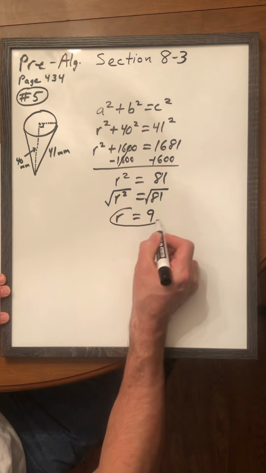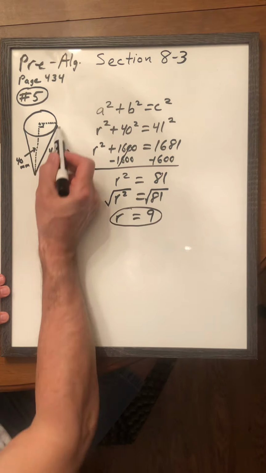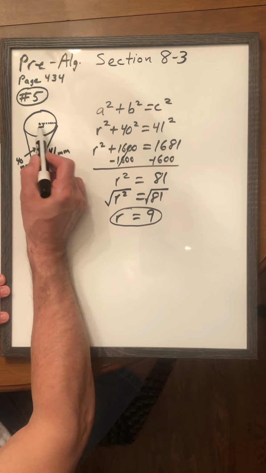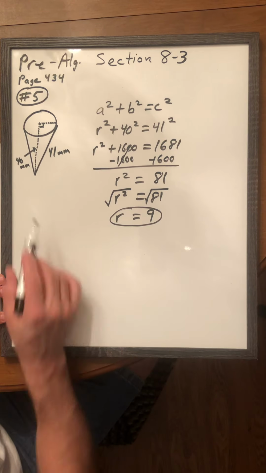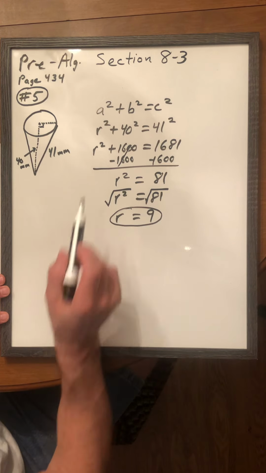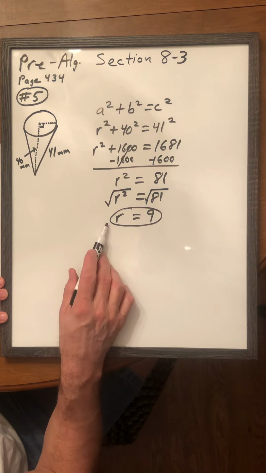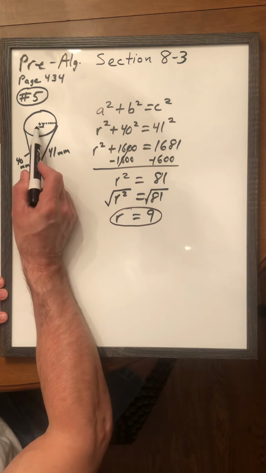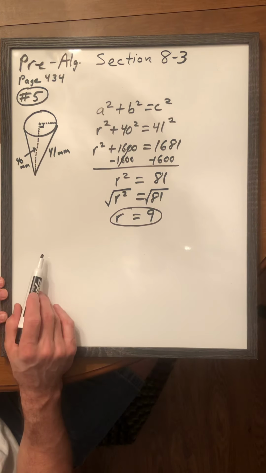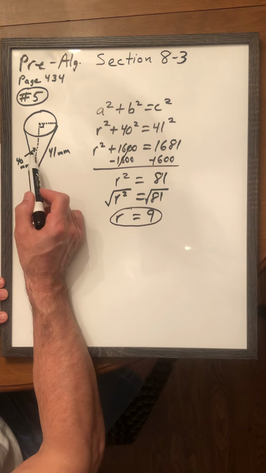So we end up using the Pythagorean theorem, because this is a right triangle where the height meets the radius at a right angle. Since that's a right triangle, I can find the radius with the Pythagorean theorem. So we have to do that first. Not every problem will require this, but on certain ones, if they don't give you the radius or the height, you might have to use the Pythagorean theorem. For example, they may give you the radius and the slant height, and then you have to find the height.